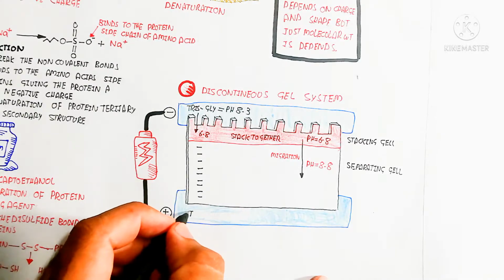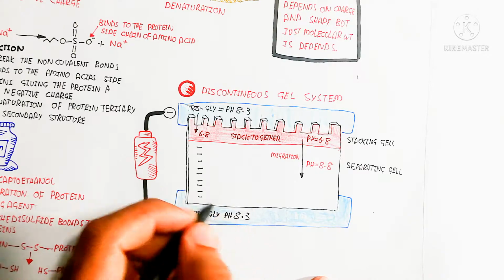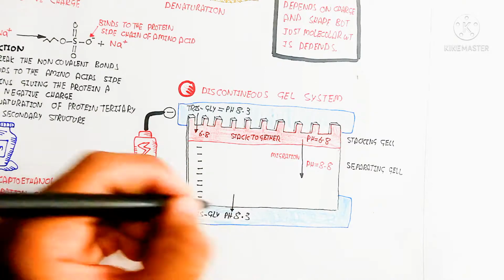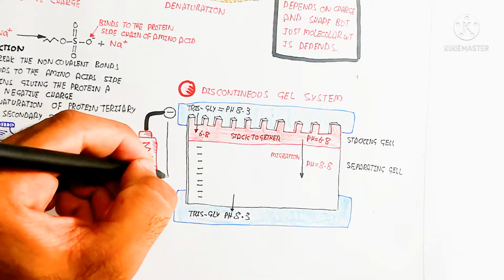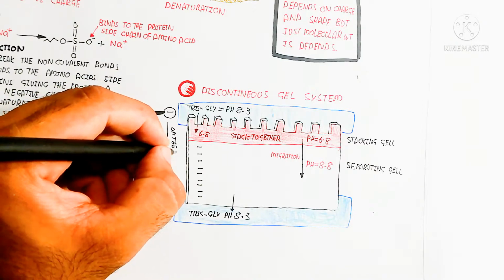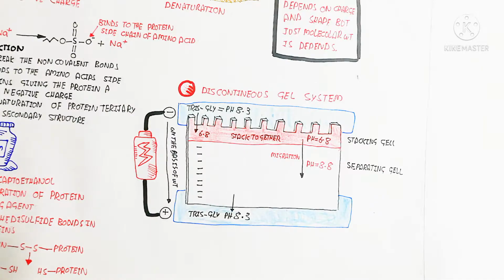Here an electric charge will be applied, and the protein molecules move from higher density to lower density, toward the Tris-glycine.